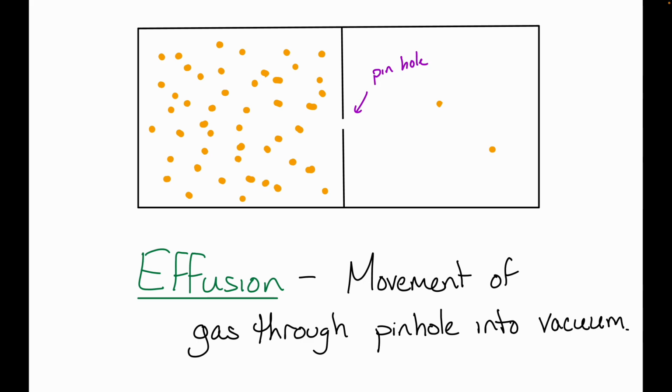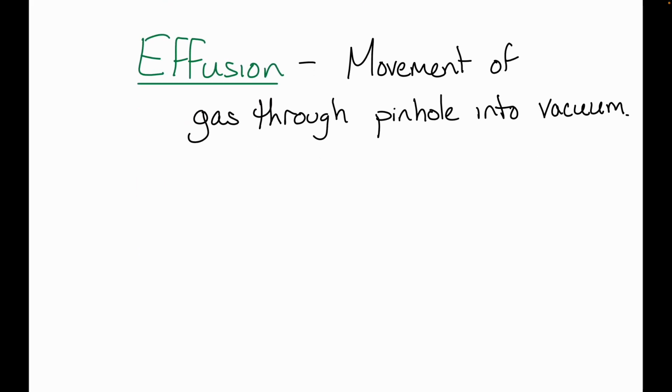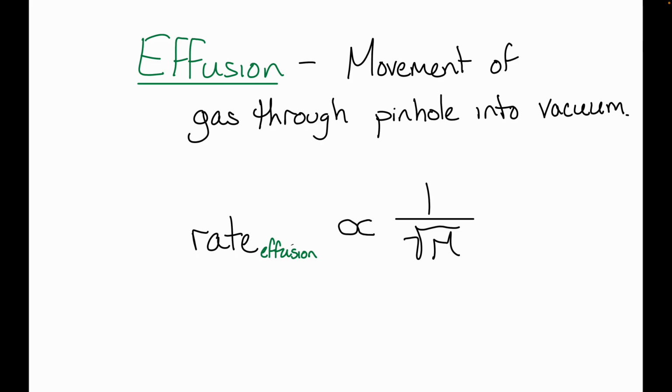All right, so what you can show, again using kinetic molecular theory, is that this rate of effusion is inversely proportional to the mass of those gas molecules. Oops, not equal, sorry. Inversely proportional.